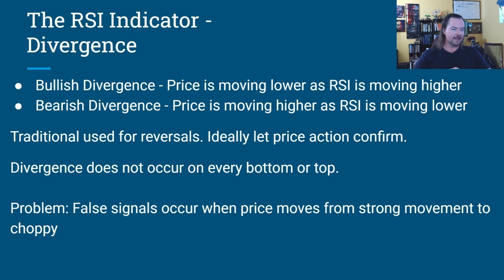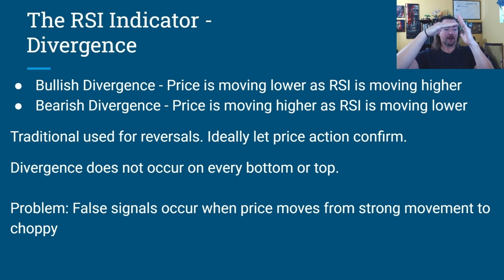Best to let the price action confirm. As we discussed, if you have a big up move on price, what's going to happen if it gets a little choppy? Because the average gains and average losses start evening out a bit, you're going to drop off that high and start moving toward the 50.